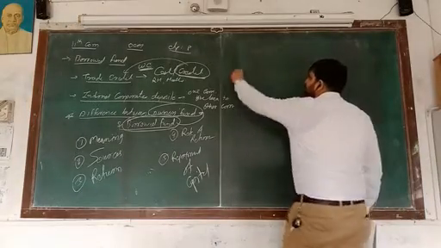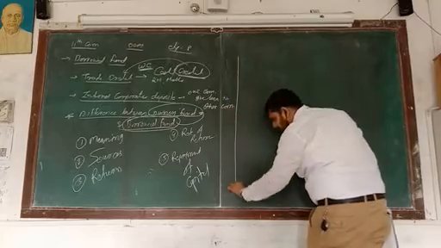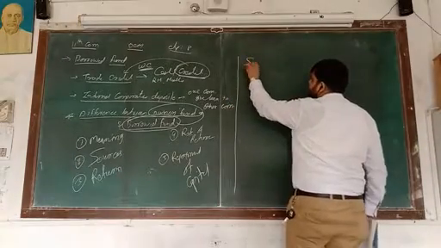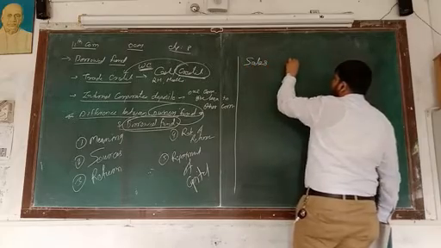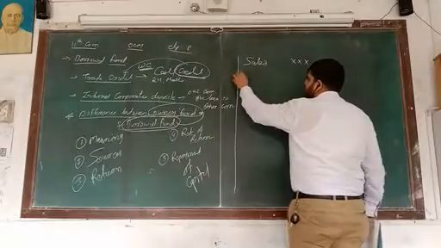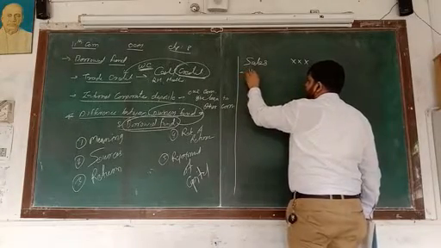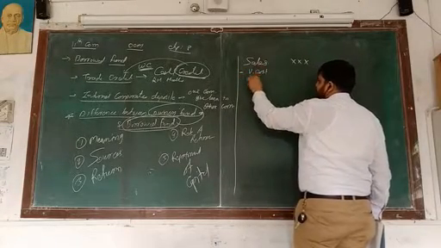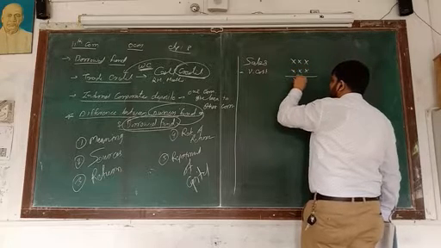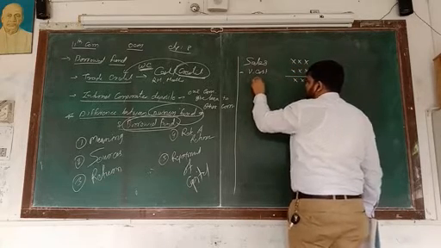As we know, the company receives funds from sales. So first of all, there is sales. From sales, first of all, they pay variable cost. When they pay variable cost, the remaining is called contribution.